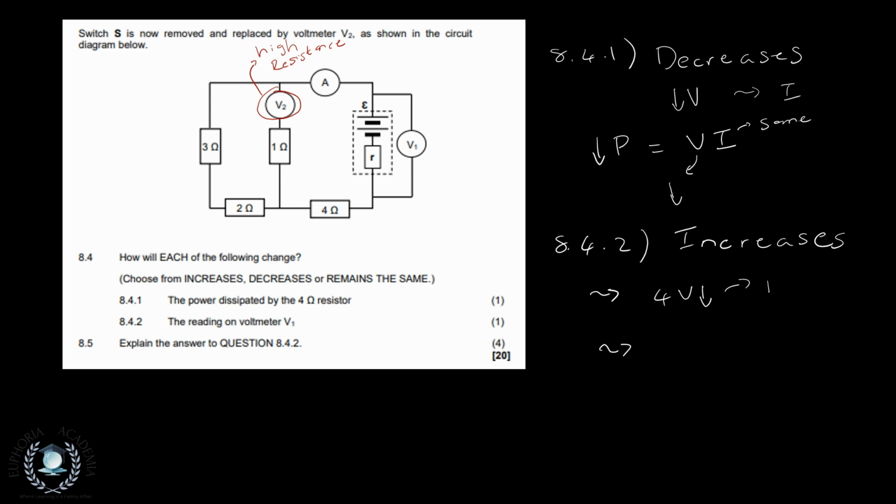So let me write previously 4. We now have 5 voltage drops, and if I'm measuring, I'm going to have a high V here, and now my voltage there is going to be lower than before, because now we have 5 voltage drops instead of the 4 that we had.